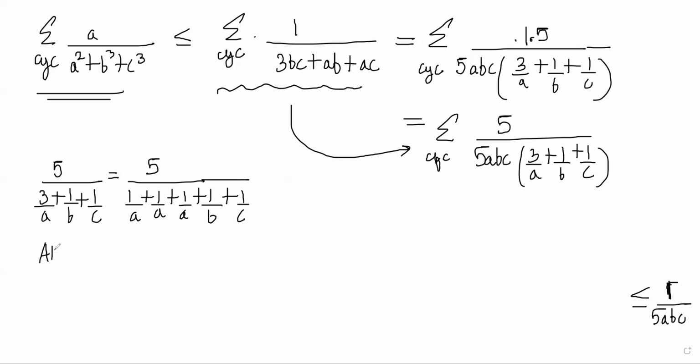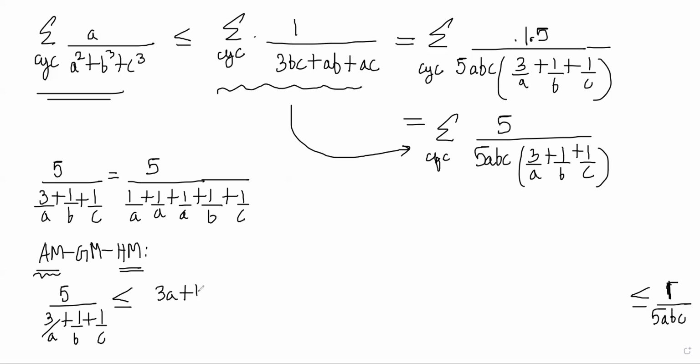So by AM-GM-HM inequality, we know that the AM will be bigger than the HM, right? So this harmonic mean will be smaller than the arithmetic mean of these terms. So we can say 5 by 3 by A plus 1 by B plus 1 by C is less than or equal to 3A plus B plus C by 5.